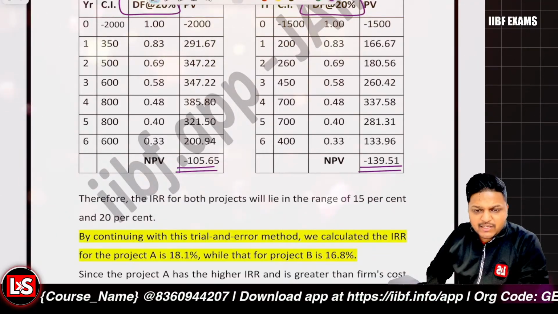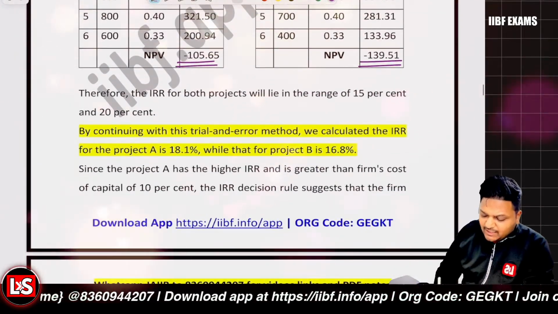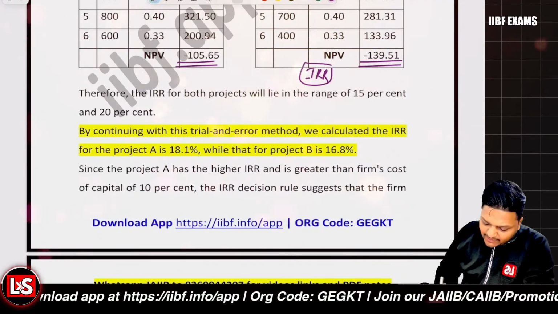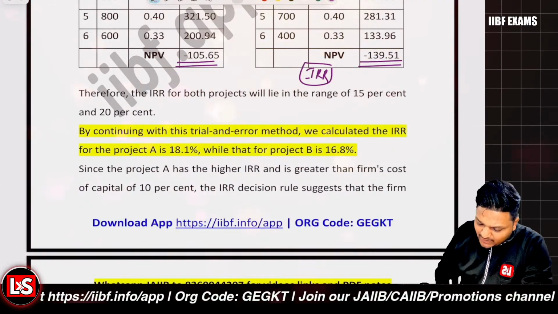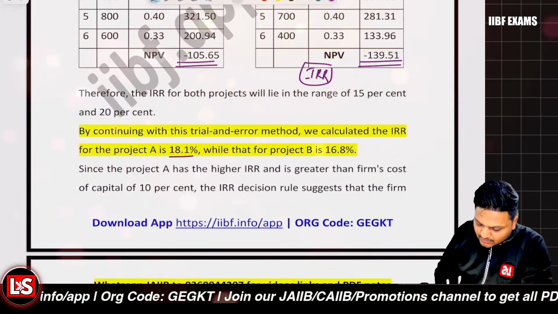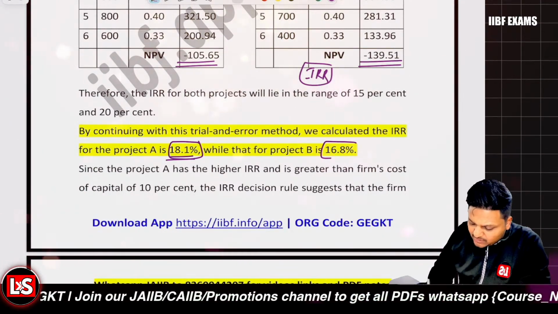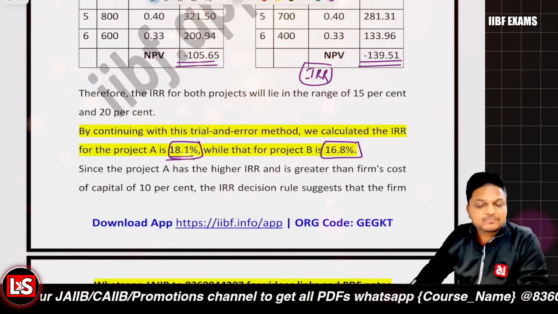So using the hit and error method, we solve for the IRR. We calculated the IRR to be 18.1% for project A. And for project B, it came out to be 16.8%.